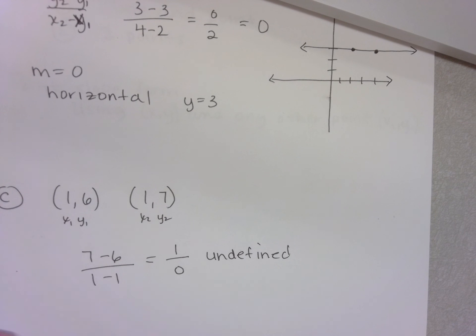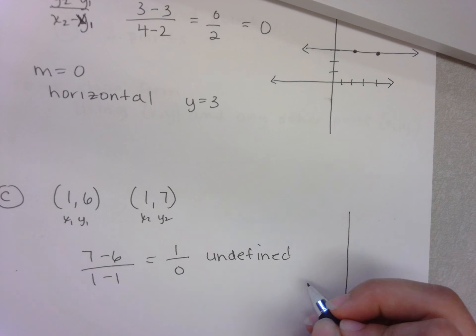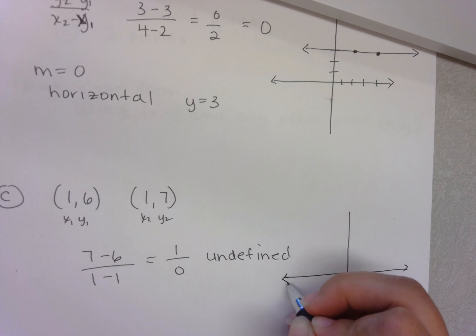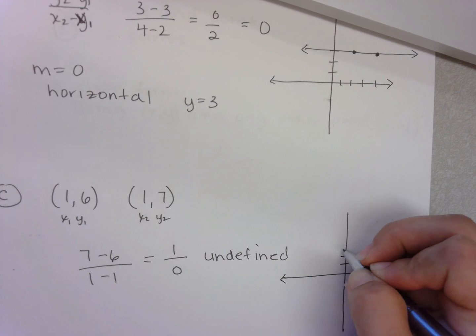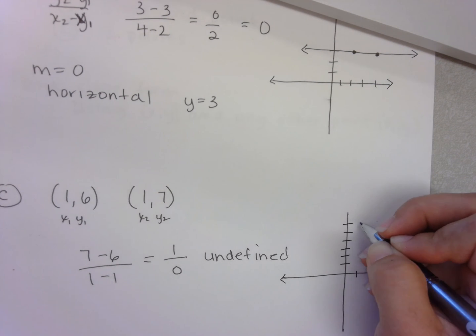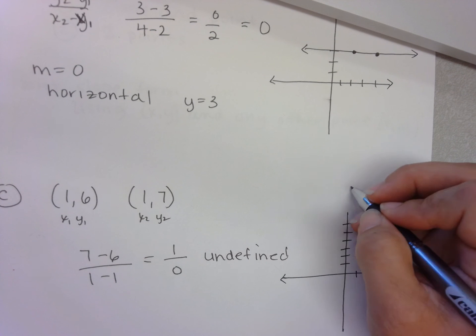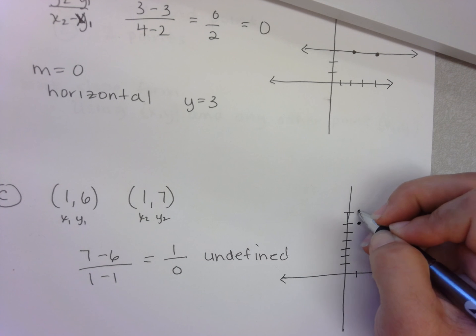And so for this type of undefined slope, let's draw a picture here so we can get a better understanding of what this looks like. So I have the point 1,6, and I also have the point 1,7, which is right above it.